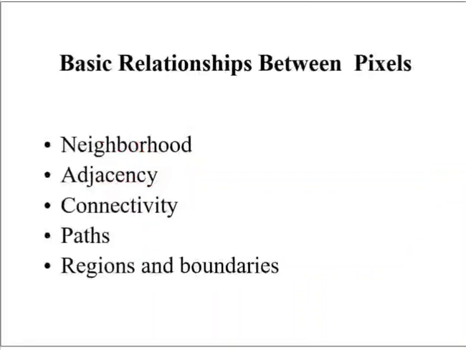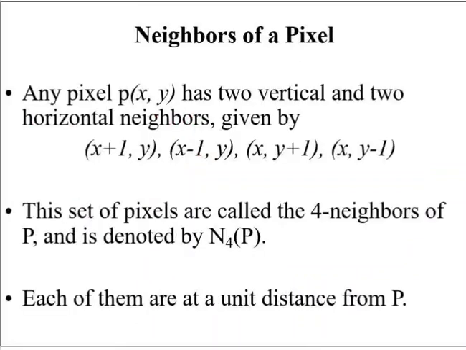The four diagonal neighbors of P(x, y) are given by (x+1, y+1), (x+1, y-1), (x-1, y+1) and (x-1, y-1).